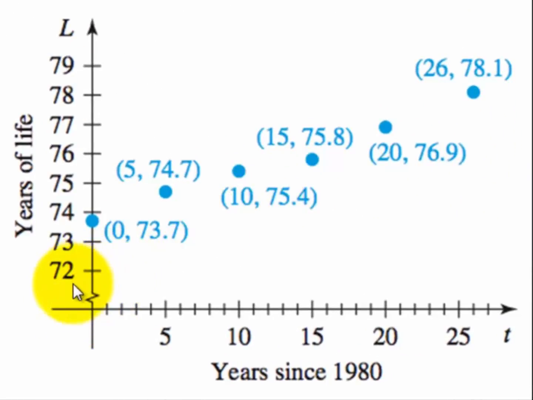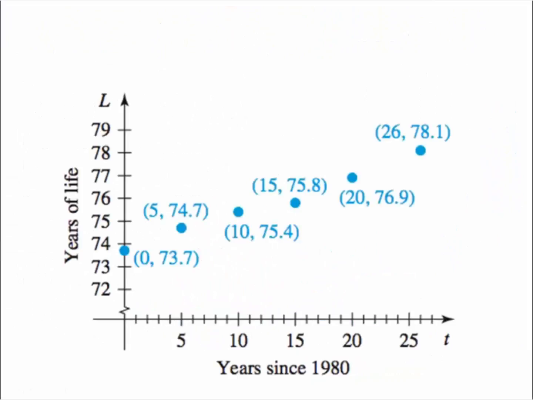So right here is our little zigzag line, and this just shows that there's a break in this scale. We do this because the lowest y value we have is 73.7. Whenever you see this zigzag, that's just to indicate to the reader of the graph that part of the axis is not displayed.